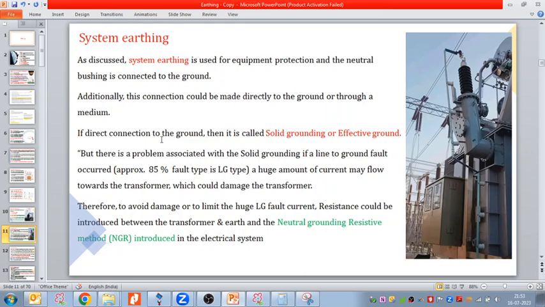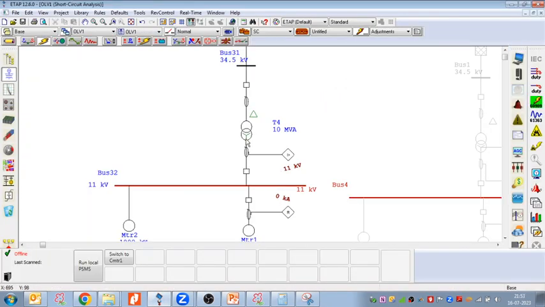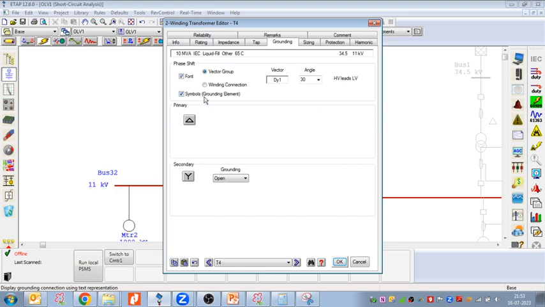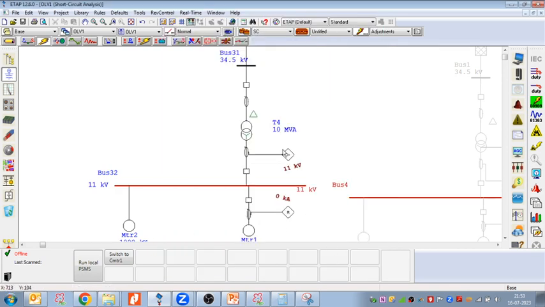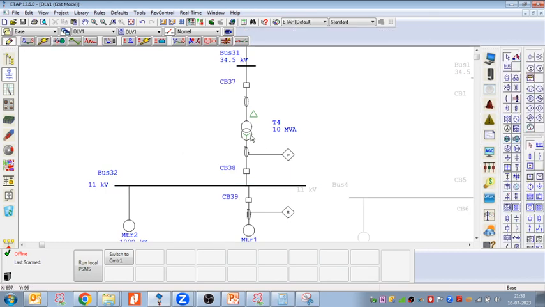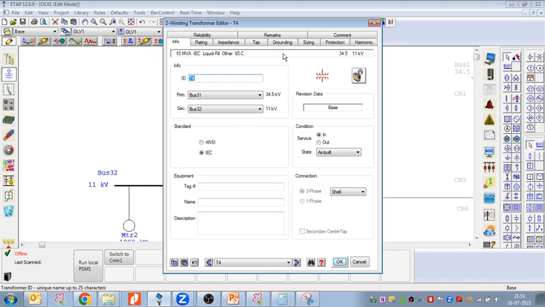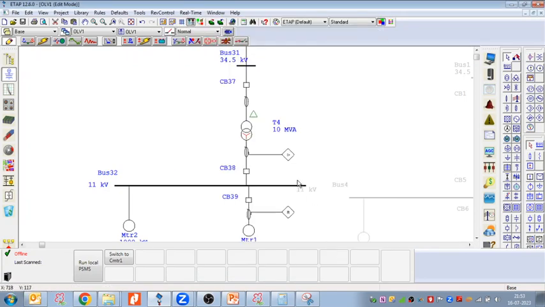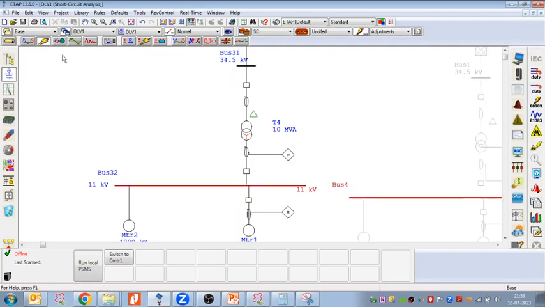If it is a direct connection to the ground, then it is called solid earthing or effective earthing. In this case we have solid earthing. We are connecting this neutral directly to the ground.